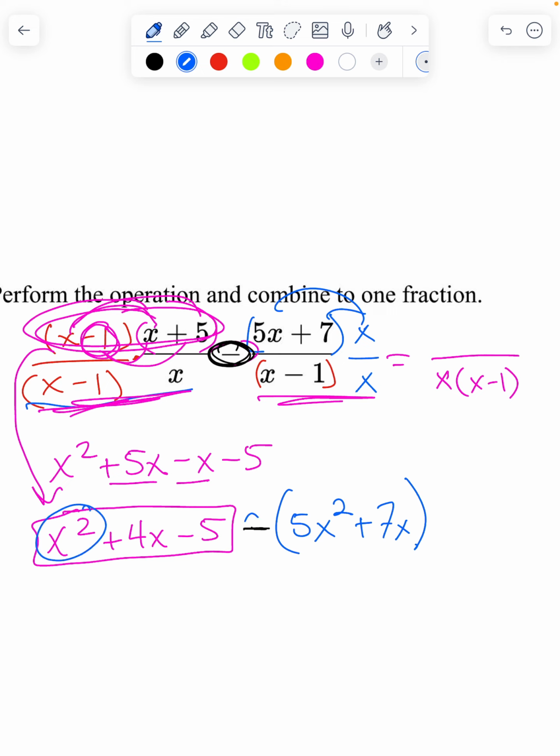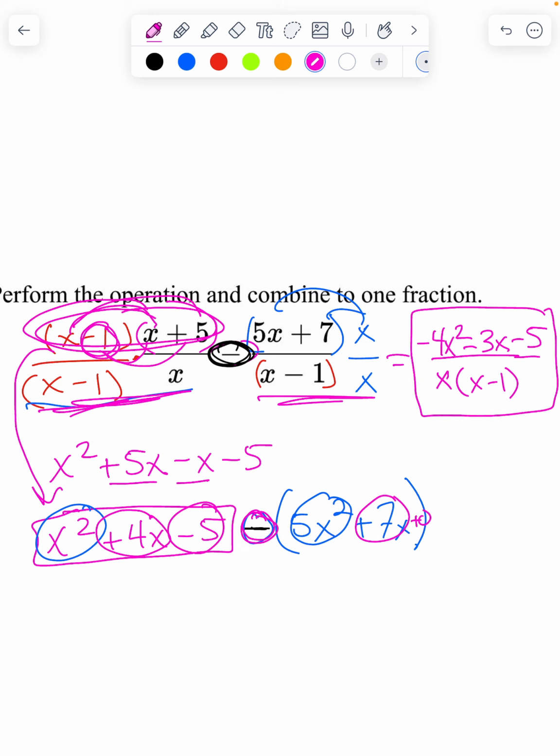So x squared minus 5x squared is going to be negative 4x squared. Then I got 4x minus 7x. So 4 minus 7 is negative 3x. And then negative 5 minus 0, no numbers, is just negative 5.